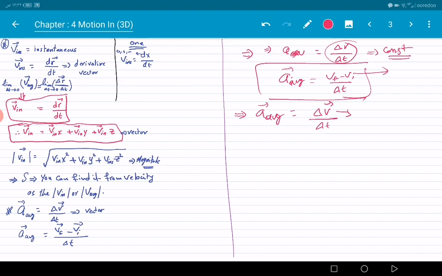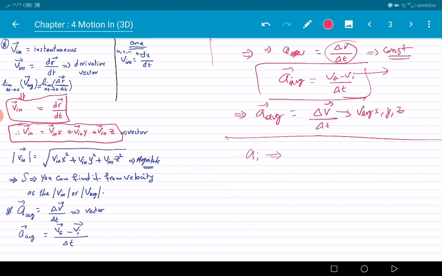What's the meaning of delta v? It means v average in x, v average in y, v average in z, and that's it. For instantaneous, it is the same, or you can find it if it's a function of x of t.